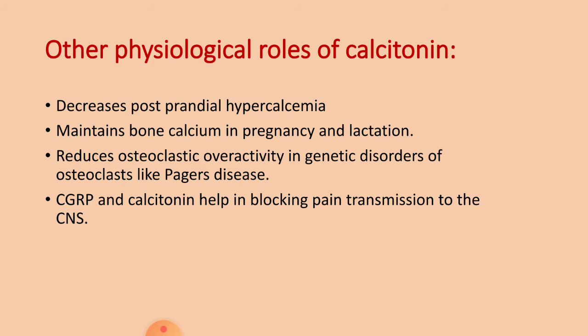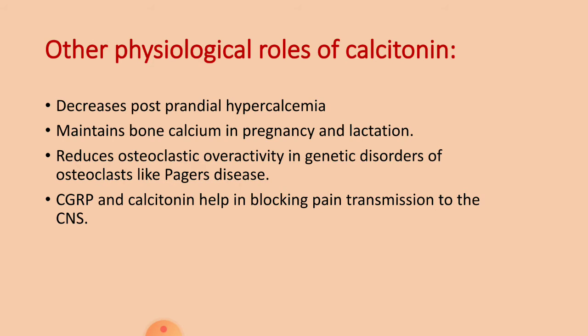Whenever a person intakes food, there occurs an increased tendency of hypercalcemia, but simultaneously, as there occurs secretion of gastrointestinal hormones like gastrin, CCK, secretin, they also stimulate release of calcitonin, and calcitonin by its various actions reduces blood calcium level, and thereby postprandial hypercalcemia is prevented by the action of calcitonin.